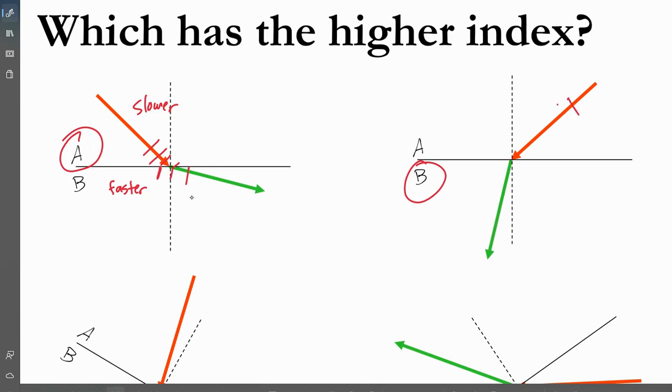So we're moving, and all of a sudden we turn to the left, which means that the left side got stuck. So the right side kind of came around to help move it. So if the left side got stuck, that means this has the higher index of refraction because we're moving slower.